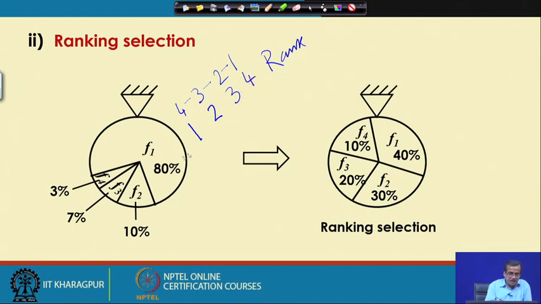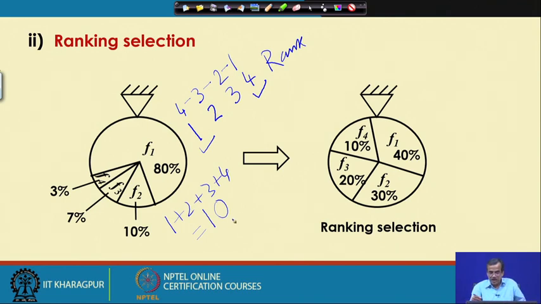That means the string having the lowest fitness is assigned rank 1 and the string having the highest fitness is assigned rank 4. And now, we add the rank values, 1 plus 2 plus 3 plus 4. So, this is nothing but 4 plus 3 is 7, plus 2 is 9, plus 1 is 10. This is 10, the summation of the rank values.